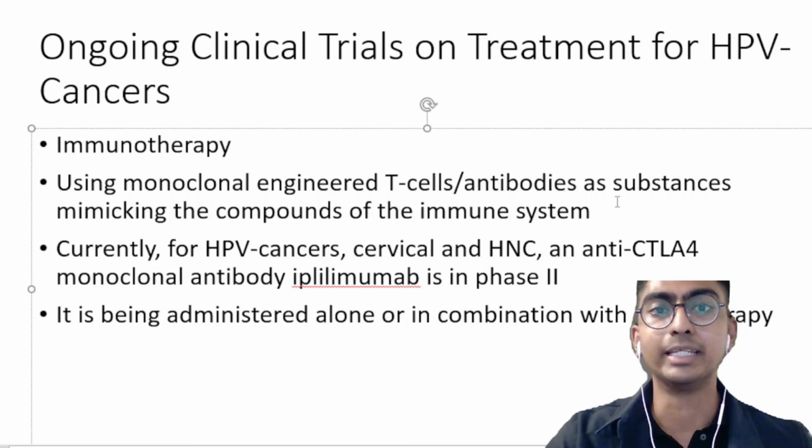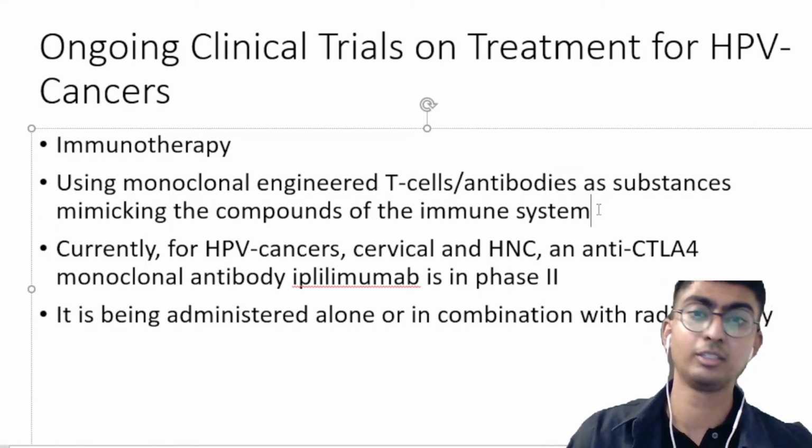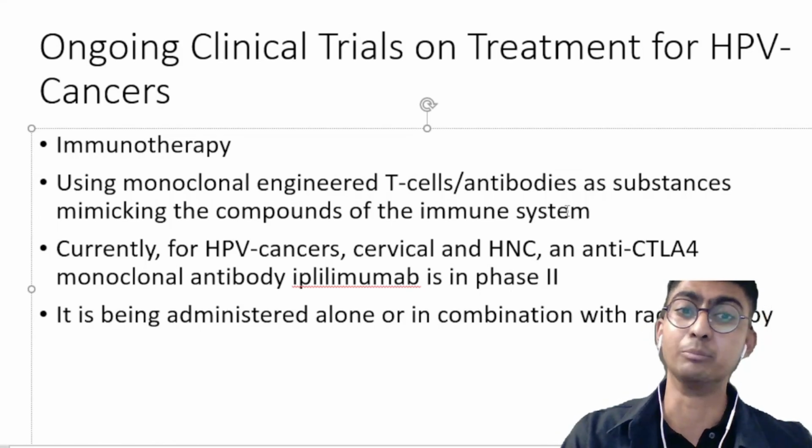So in many cases, people who develop these types of HPV-related cancers are immunosuppressed, which means their immune systems are not functioning well. Their T cells and B cells are weakened and do not carry out their function. So these people will need an immune boost.